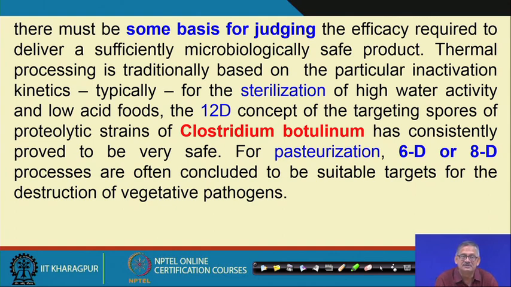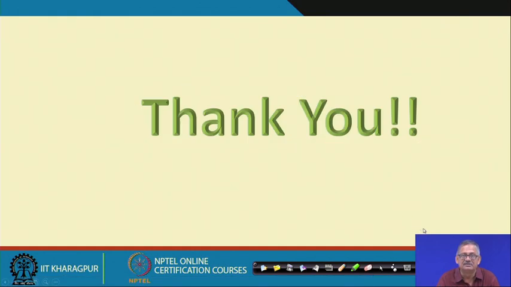So, when pathogens are getting destroyed, then we can say that the product is microbiologically or pathogenically safe to consume, right. So, those 6D, 8D, 12D concepts are coming. So, please also consult the death microbiology of the material.